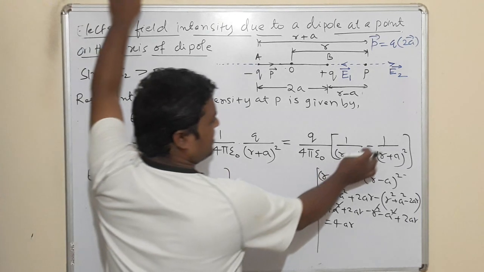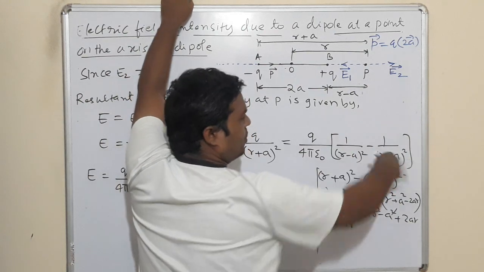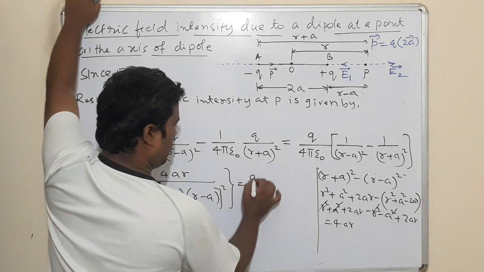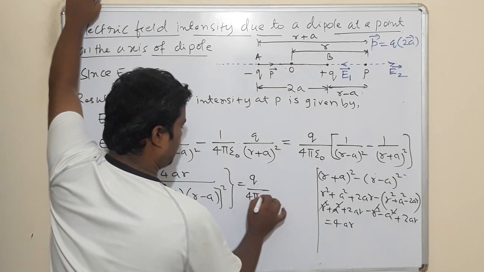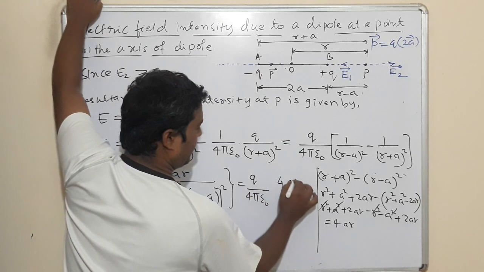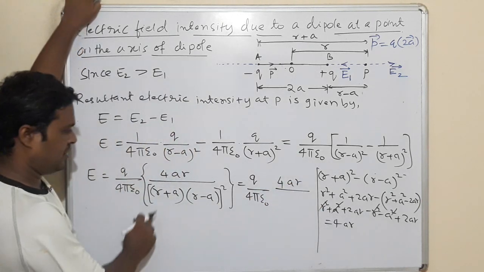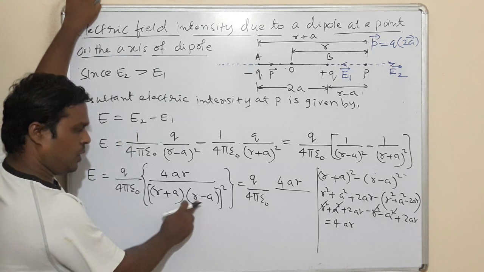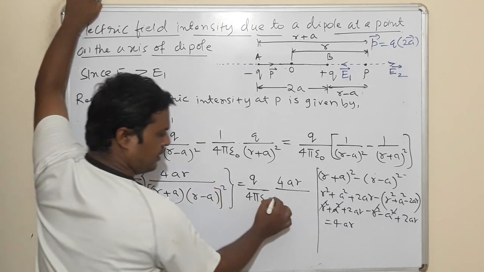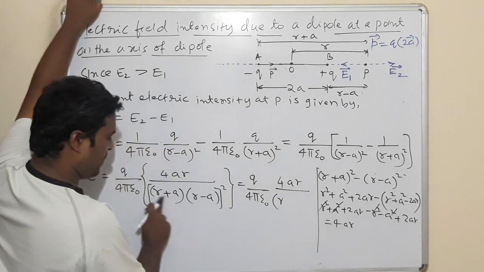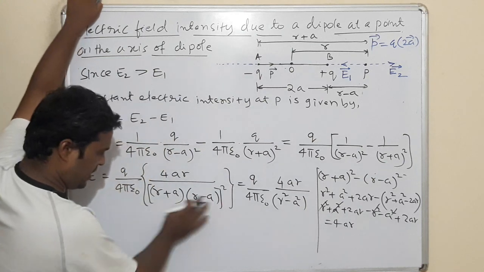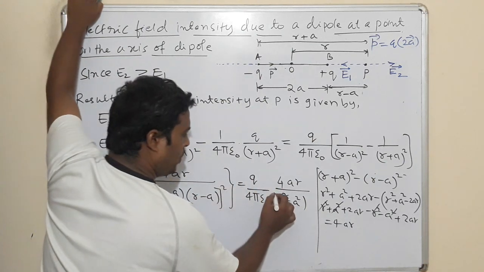This is nothing but a square into b square, and ab whole square. So E will be q divided by 4 pi epsilon naught, then 4ar here divided by r plus a into r minus a, that whole square is there, that you don't leave. This will be r plus a into r minus a, which is r square minus a square, within this square bracket. Whole square is there.